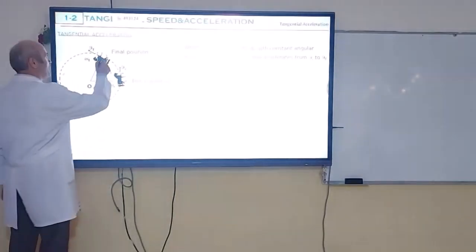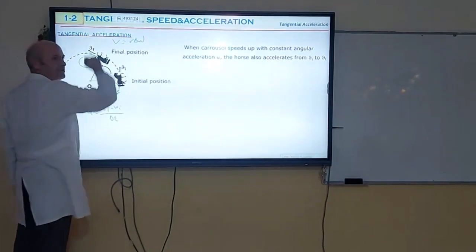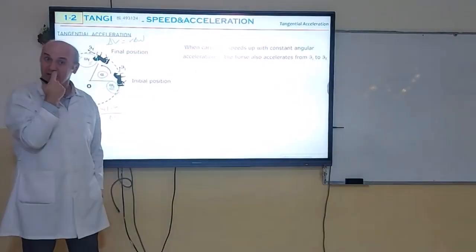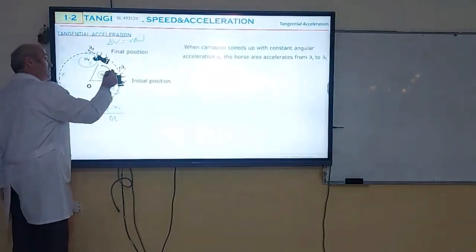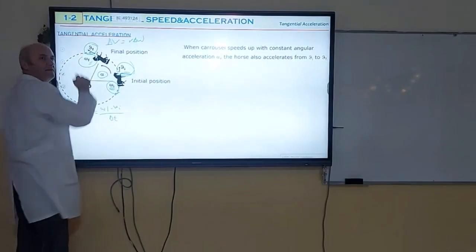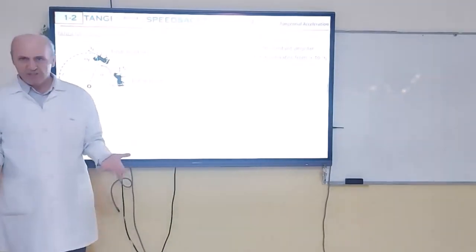So remember the equation, v is equal to r times omega. If there's a change in angular speed, there must be a change in tangential speed as well. Then tangential speed should be changing from an initial value to a final value. And if there's a change in tangential speed, it's a linear speed.